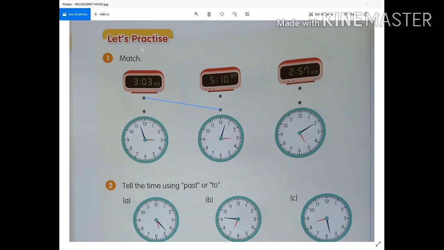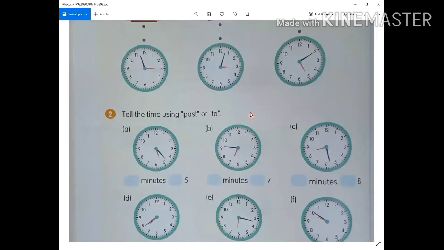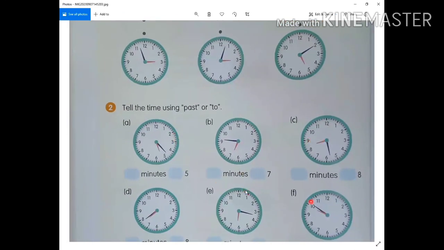Number 2, tell the time using past or to. A, B, C, D, E, F. I will give you the example for part A. Look at the clock. Look at the minutes. You can see that the minute is 23 minutes, right?